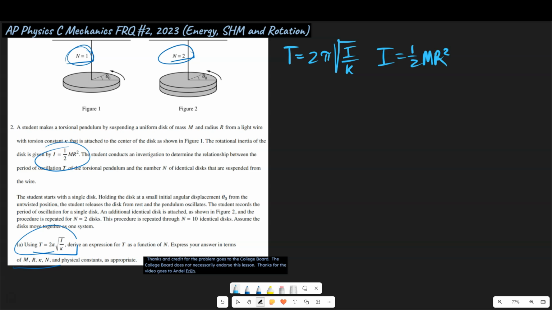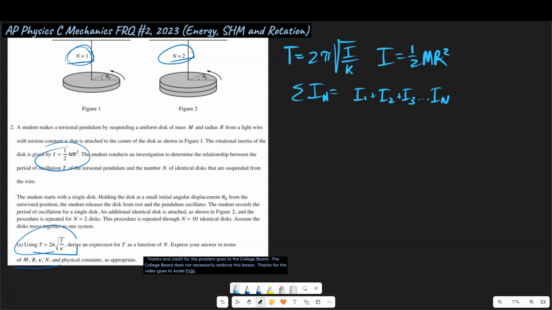Then we can say, well, what do we know about combination shapes for rotational inertia, or moment of inertia? Well, we know that the sum of the rotational inertia is equal to the rotational inertia of each of the individual pieces. So we can make a statement like this, where we're just going to add up the number of values that we have.